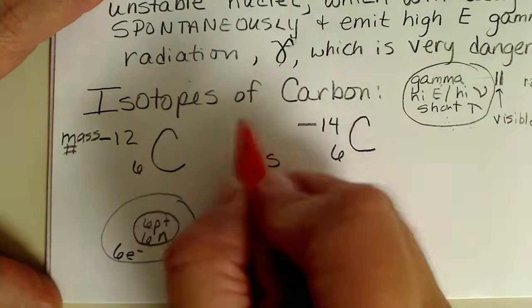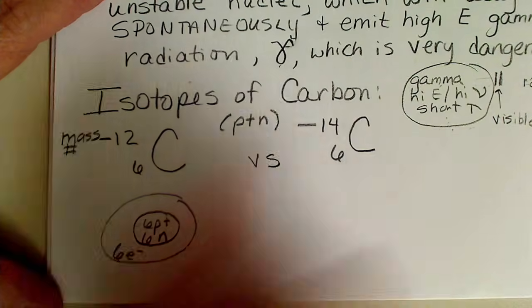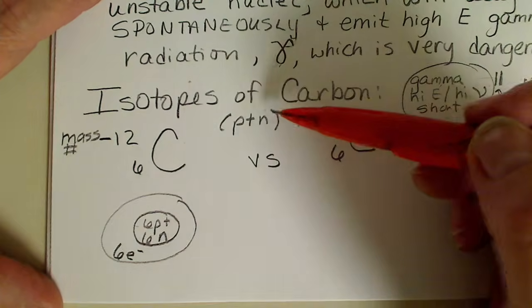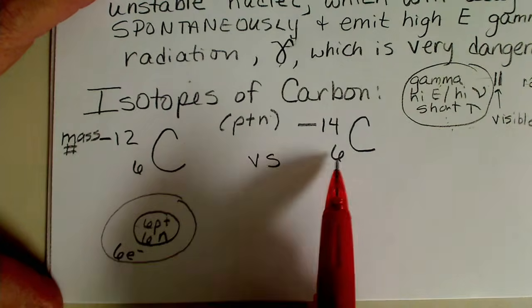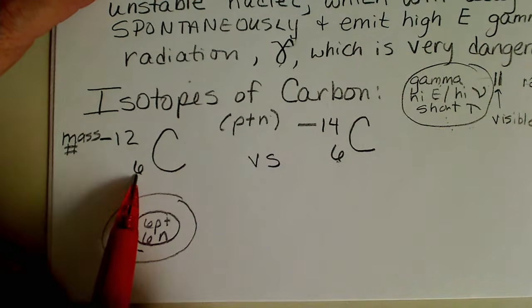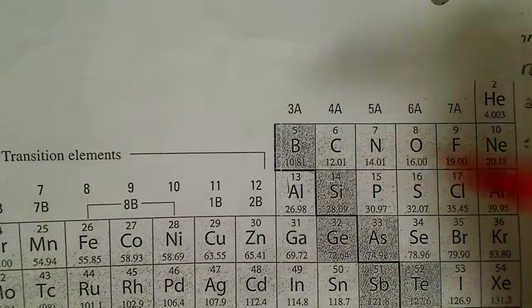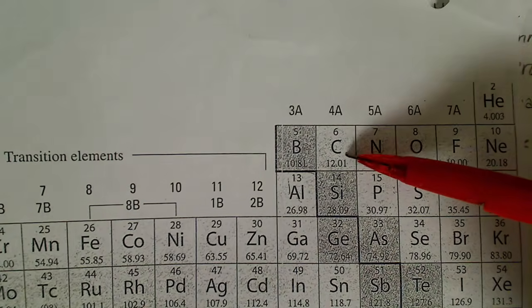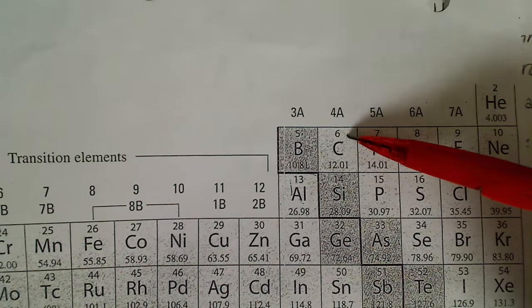The mass number here is always the protons plus the neutrons. Protons and neutrons weigh approximately the same thing, so we'll deal with that later. Neutrons are just a little bit heavier. And the number at the bottom of the isotope symbol is always the atomic number. If we look at carbon on the periodic table, what makes an atom of carbon have the identity of carbon is the number of protons.